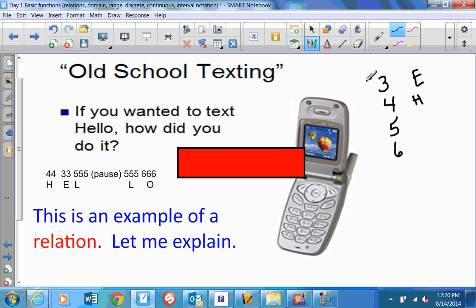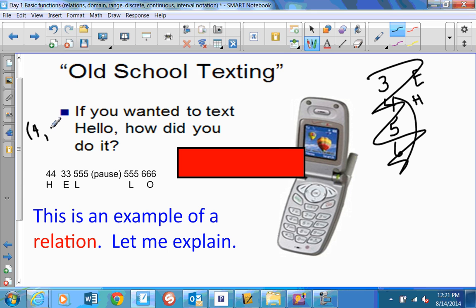Let's do it this way instead. With a 4, if 4 was your input, how many different outputs could you get? What are your 3 options?